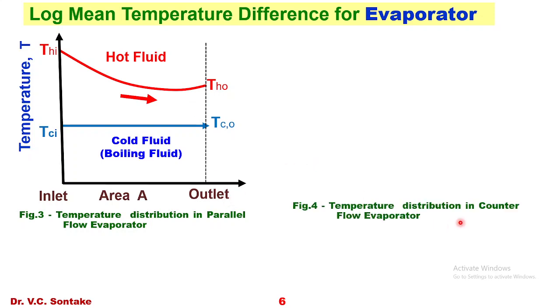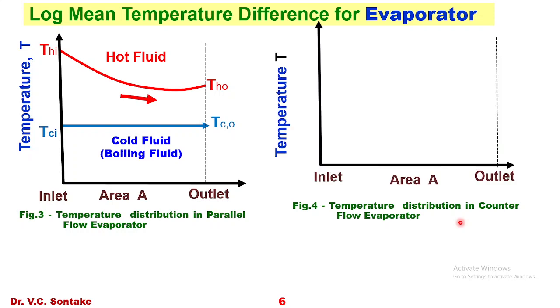Then figure 4 represents temperature distribution of hot and cold fluid in counterflow evaporator. First fluid will be the hot fluid. Let's say its inlet temperature is Thi and hot fluid is entering from the left hand side. Since it is a counterflow heat exchanger, cold fluid, which is a boiling fluid at an inlet temperature Tci, will be entering from the right hand side.